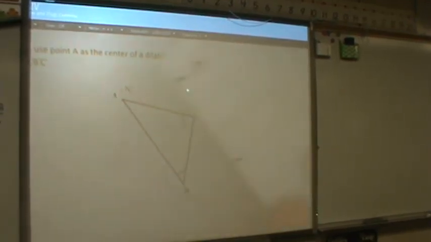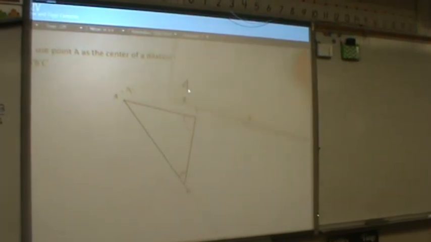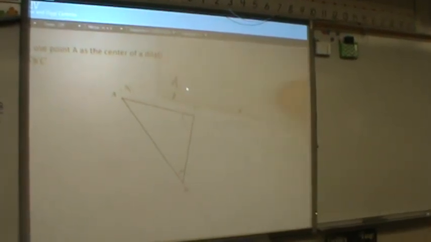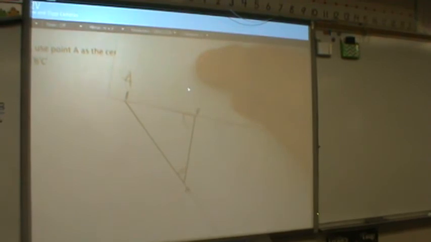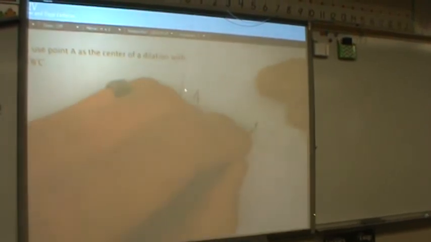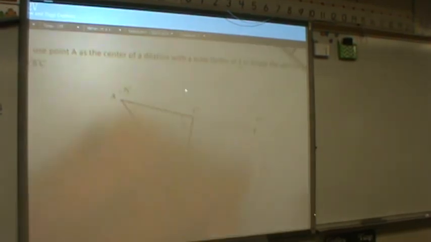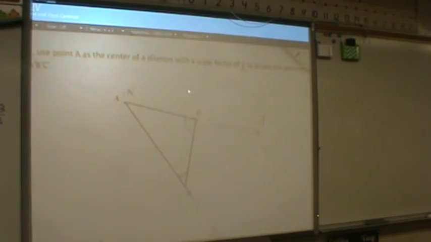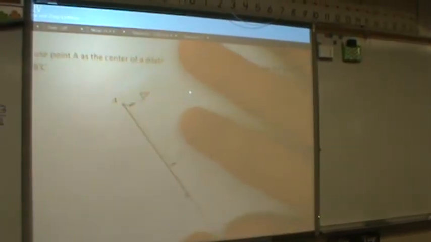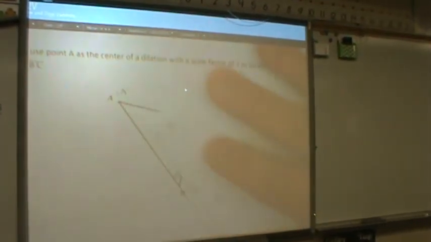I didn't use the ruler when I did this, I just kind of guessed. Right? I'll actually do this legitimately and make it look more reasonable. There is C prime. Now we do the same thing with B. Got to label that C. So I'm going to come here for A, come down here for B, and I double it.